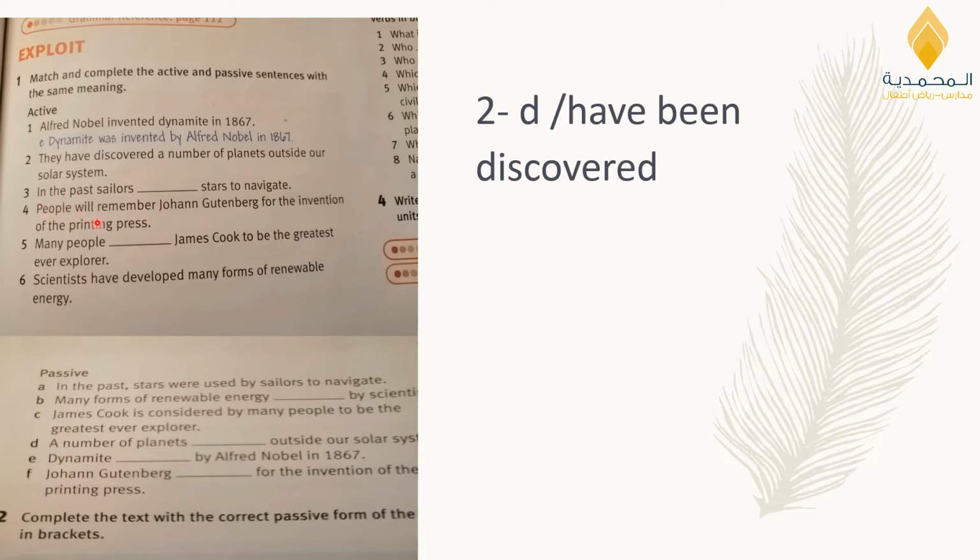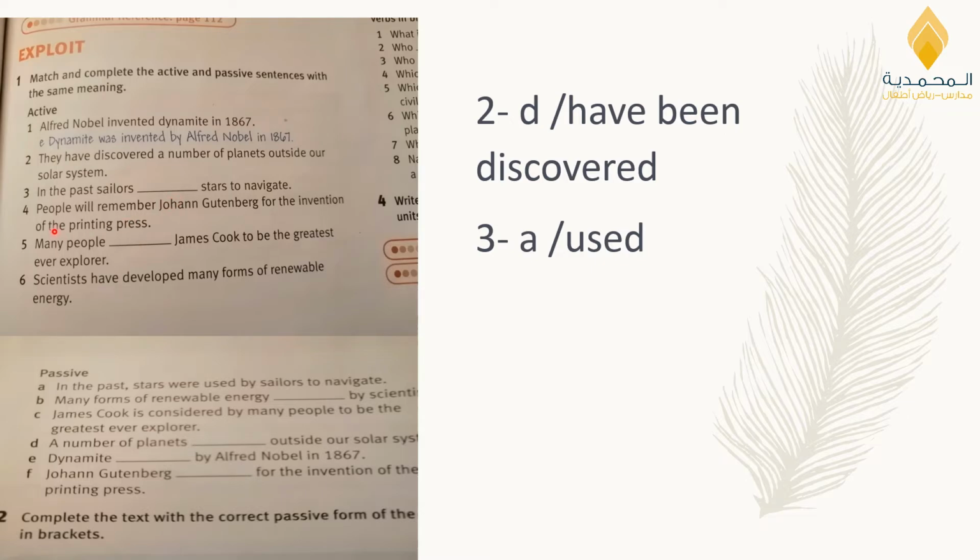In the past, sailors used stars to navigate. What's the appropriate sentence for that? Come on, think. Yes, it's A. In the past, stars were used by sailors to navigate. So they were used. So what are we going to fill in the blank with? Yes, it's going to be used.